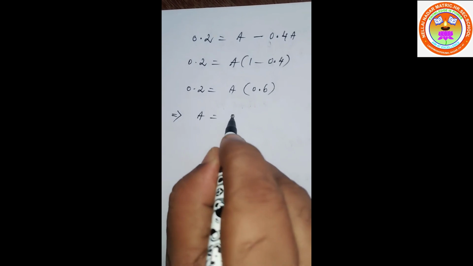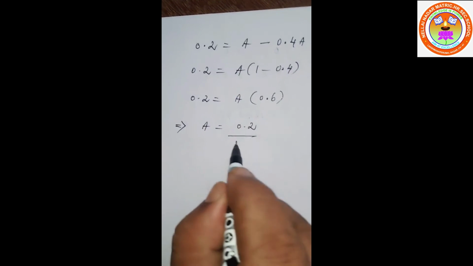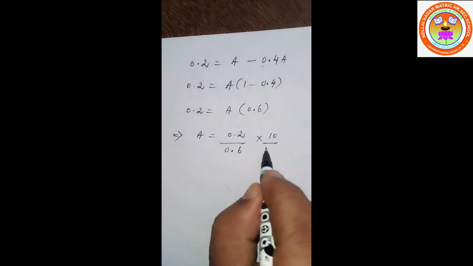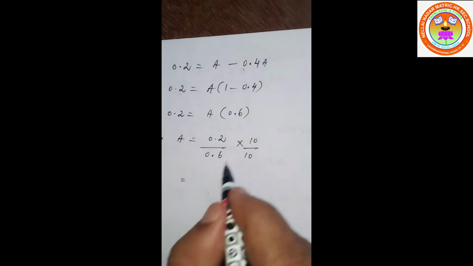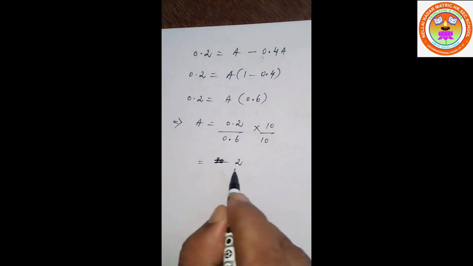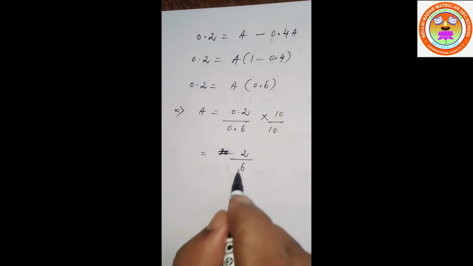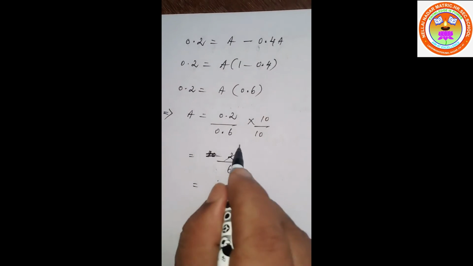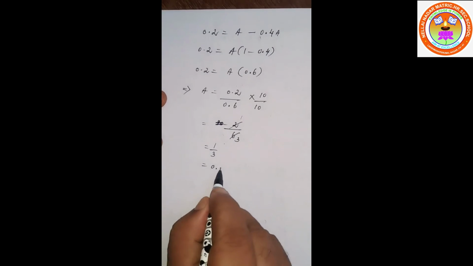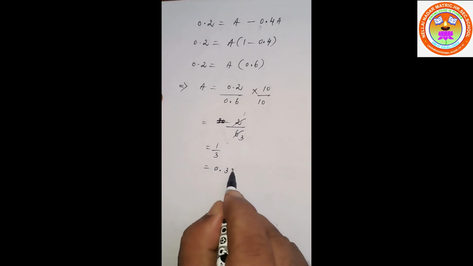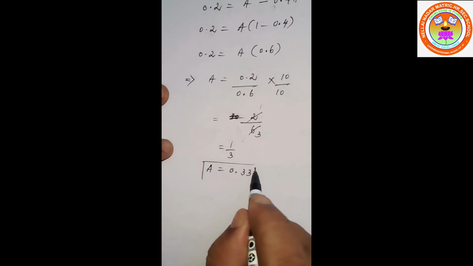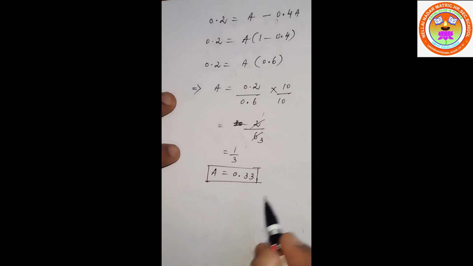Therefore A equals 0.2 divided by 0.6. For eliminating the decimal point, multiply and divide by 10. 0.2 into 10 is 2, divided by 0.6 into 10 is 6. If we divide by 2, we get 1 by 3. 1 by 3 is 0.3333; writing only 2 decimal places, 0.33 is enough. A is equal to 0.33 approximately.